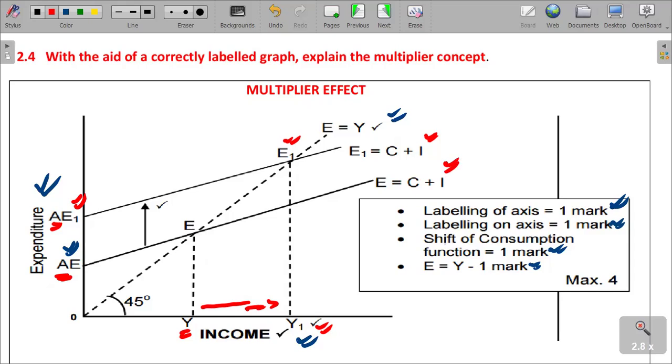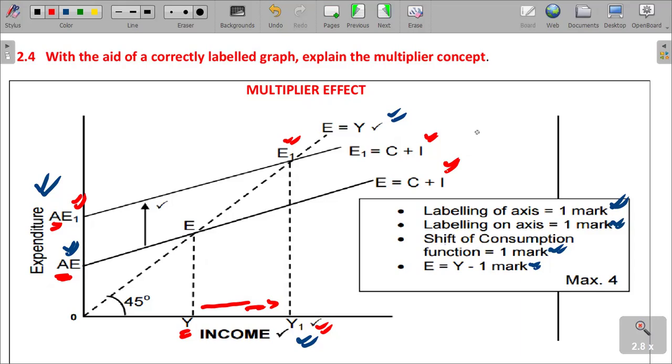That is what this diagram has to explain: we have expenditure on the vertical axis, income on the horizontal axis, and then our income and expenditure line, and also the changes that would happen if expenditure increases.